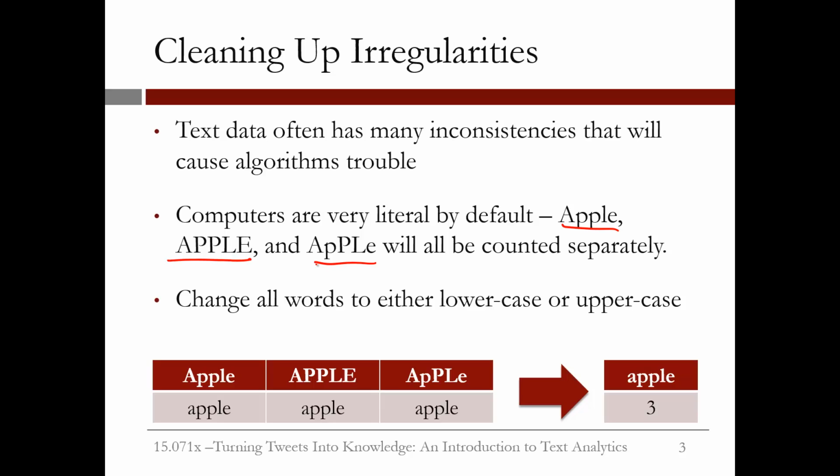We want to change the text so that all three versions of Apple here will be counted as the same word by either changing all words to uppercase or to lowercase. We'll typically change all the letters to lowercase, so these three versions of Apple will all become Apple with lowercase letters and will be counted as the same word.